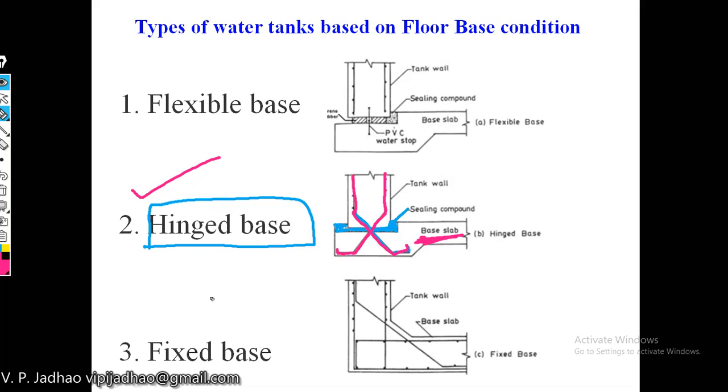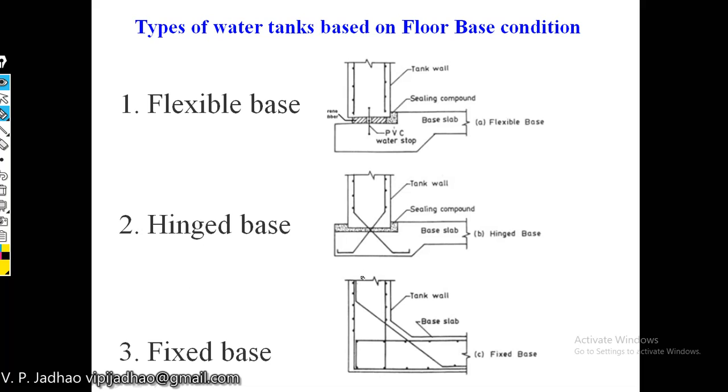Then we have the third type of water tank, called water tank with fixed base. In case of water tank with fixed base, we have a wall like this here, and then we have the base slab here.